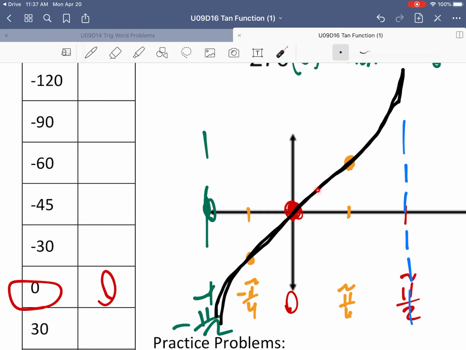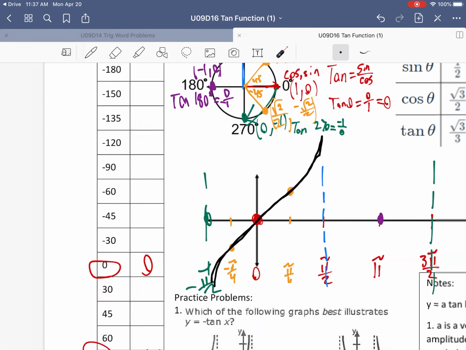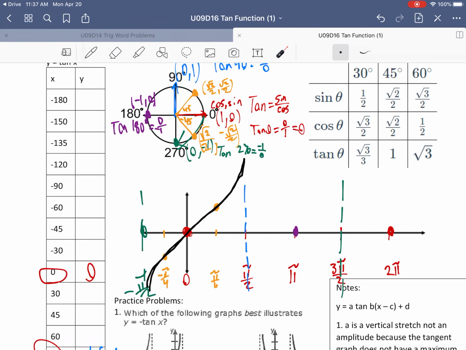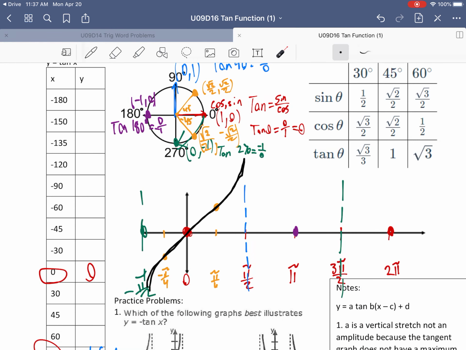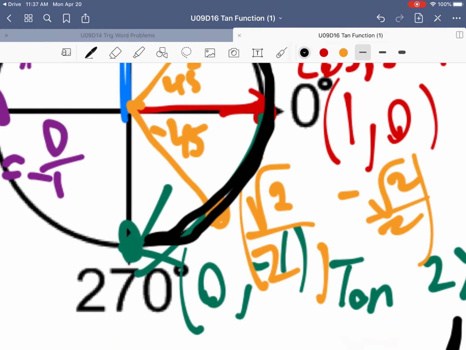Then as we approach 45 degrees, we will start to go to 1. And then as we increase past 45 degrees to 90 degrees, we're going to approach infinity. So this graph will then repeat. We've restricted ourselves to this section of the graph, so from -90 to 90, we go from -infinity to infinity.